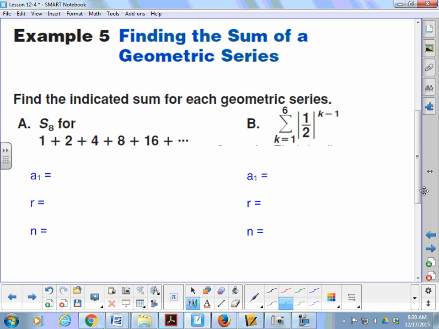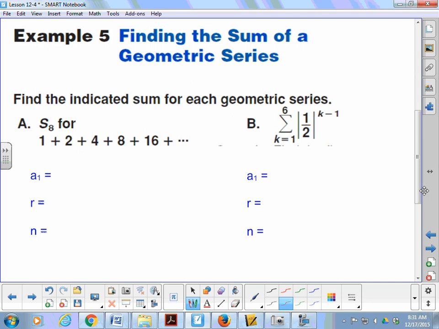The only thing is, when you have the formula, if it's a very large group of numbers that you're trying to add, much easier to use the formula than just to plug them in your calculator. All right, so we need a sub 1, our first term, r, the common ratio, and n to be able to find the sum using the formula.